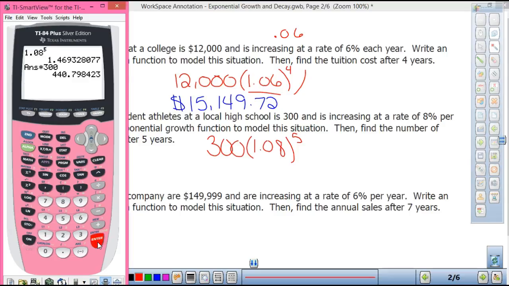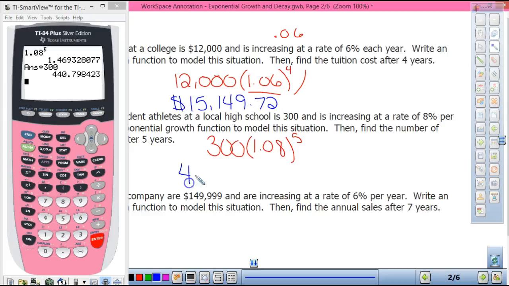All right, now are we talking money? No, now we're talking people. Okay, can I have 0.79 people? Well, no, I can't. Okay, so what am I going to put here? Yeah, we could go 441 what? Okay, people or athletes, either one. I would probably take either one. Student athletes, to be more exact, yes.